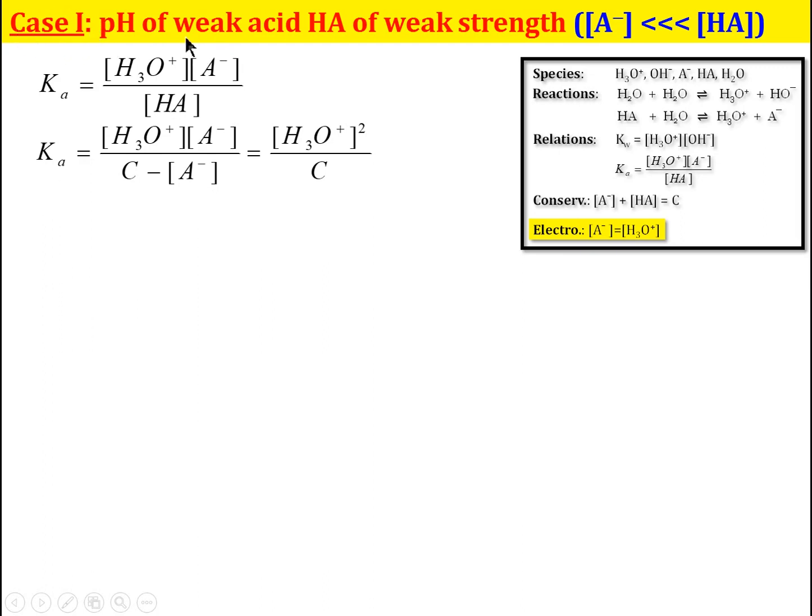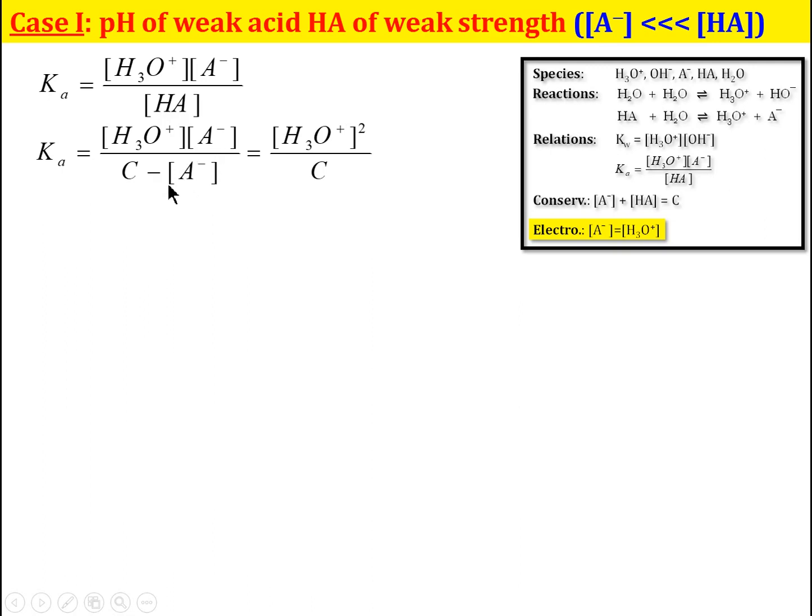In this case, case 1, we suppose that A- in solution is negligible with respect to HA remaining in solution. So A- is negligible with respect to the initial concentration.